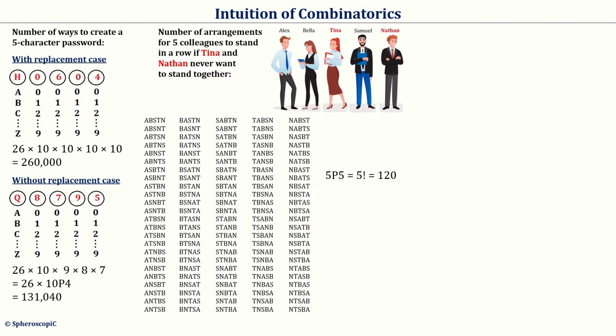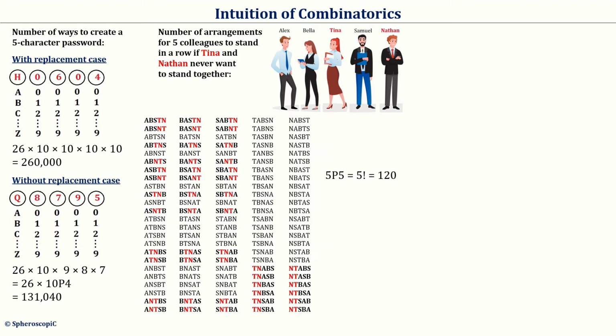Now to find only the arrangements in which Tina and Nathan are not together, let's find the arrangements where Tina and Nathan are together actually. Here these are. In all these arrangements, Tina and Nathan are staying side by side. We will omit from count.